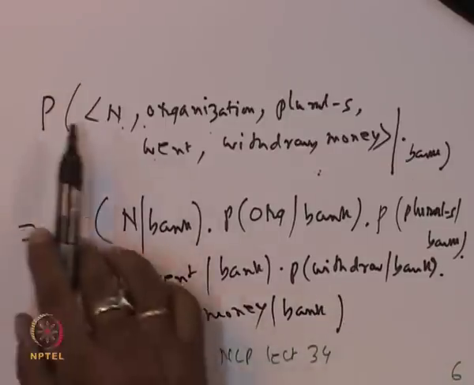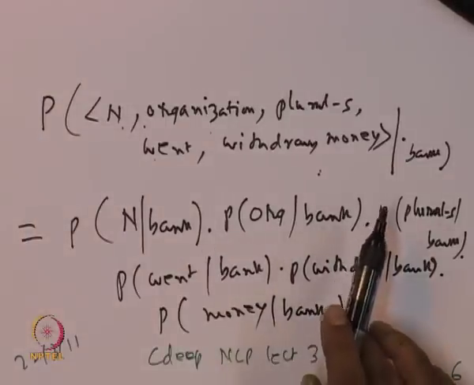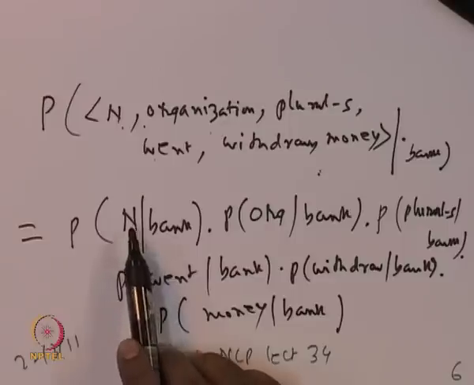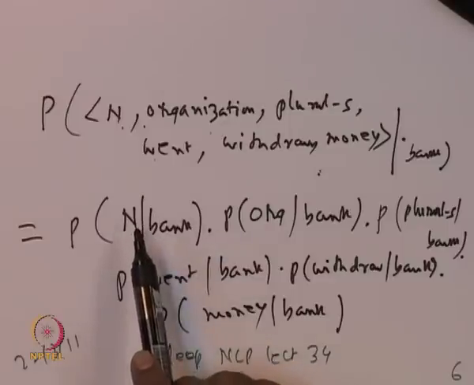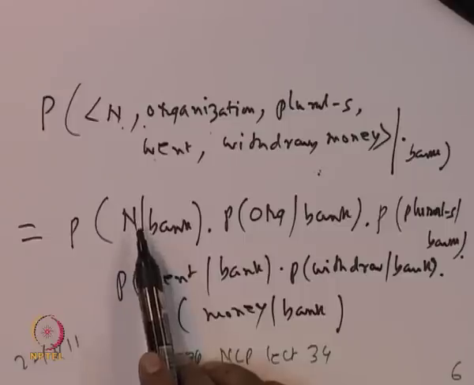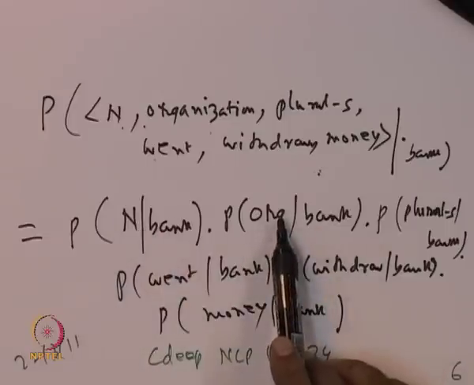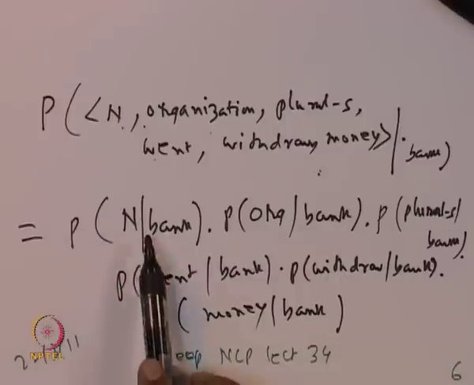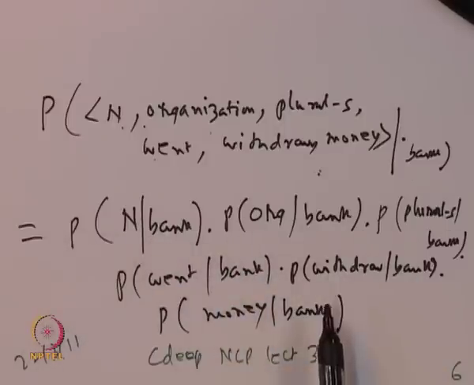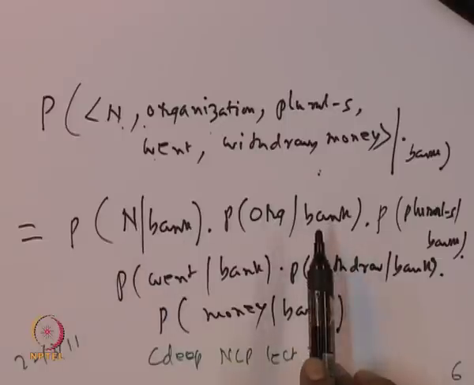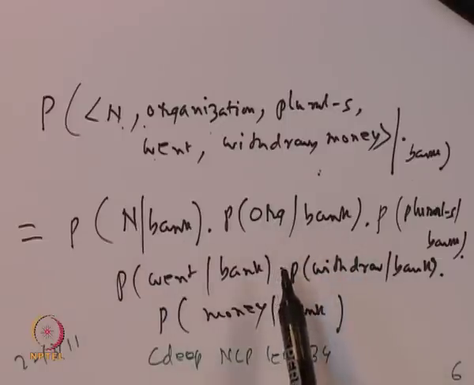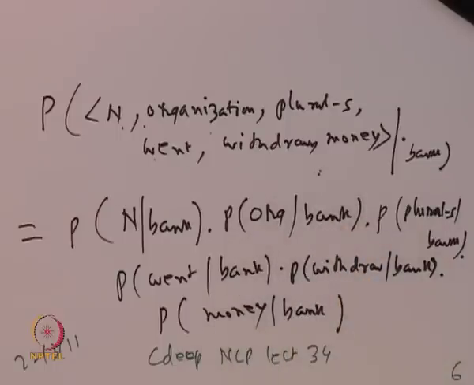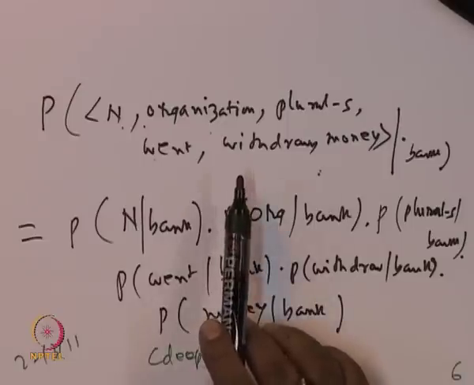So, this whole vector given the word bank has become a product of the features, each is a feature, noun is a feature of bank, organization is a feature of bank. So, this product of features given the word bank, this decomposition has taken place because of naive Bayes assumption. Okay. So, now what is the independence assumption here? We have to understand that clearly.